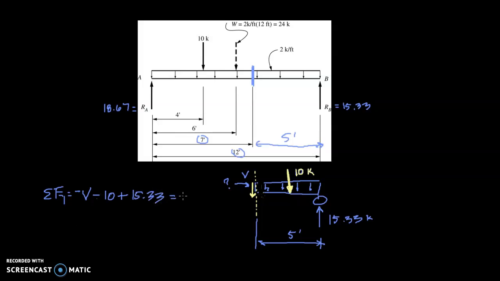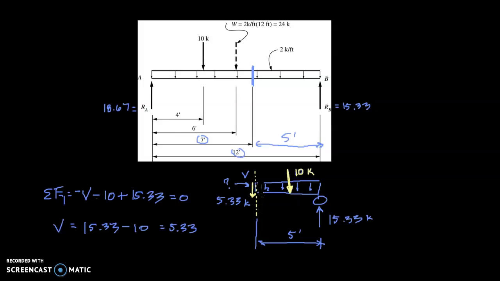And so that is all going to equal 0. And when I solve for V, V is going to be equal to 15.33 minus 10, which is 5.33. So the shear in the beam at this point is 5.33 kips.